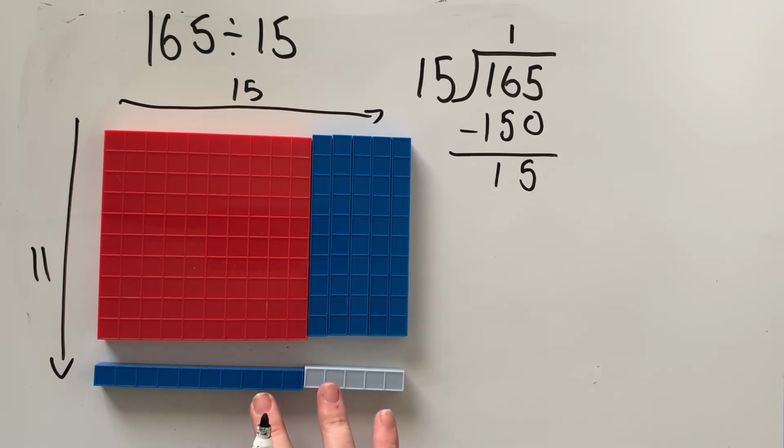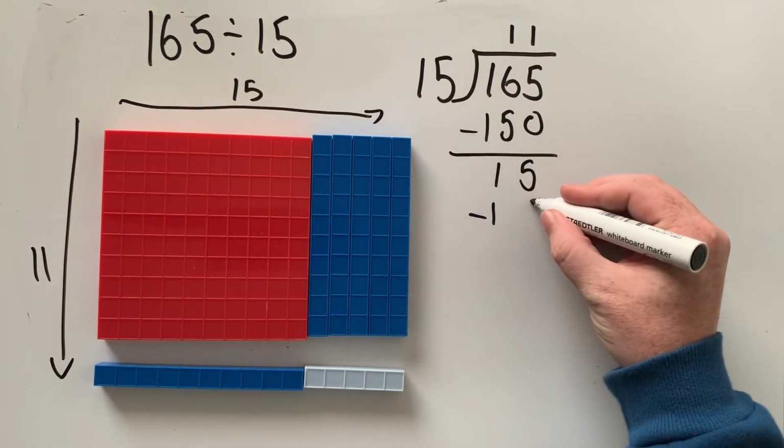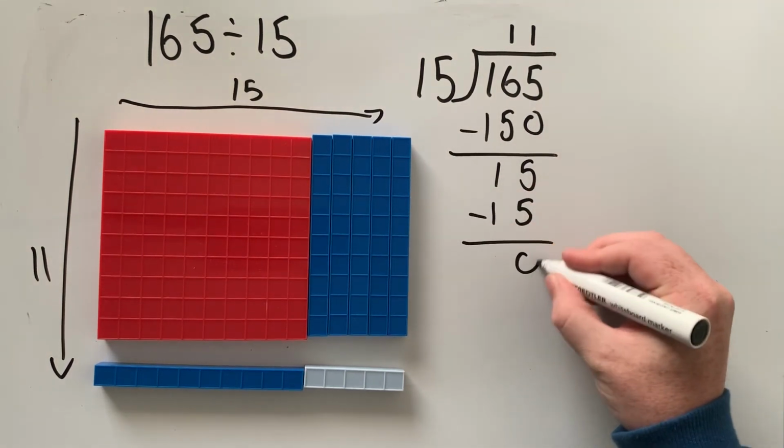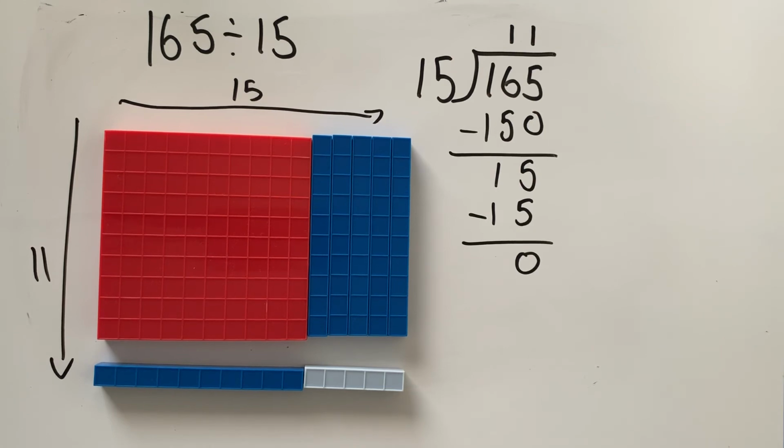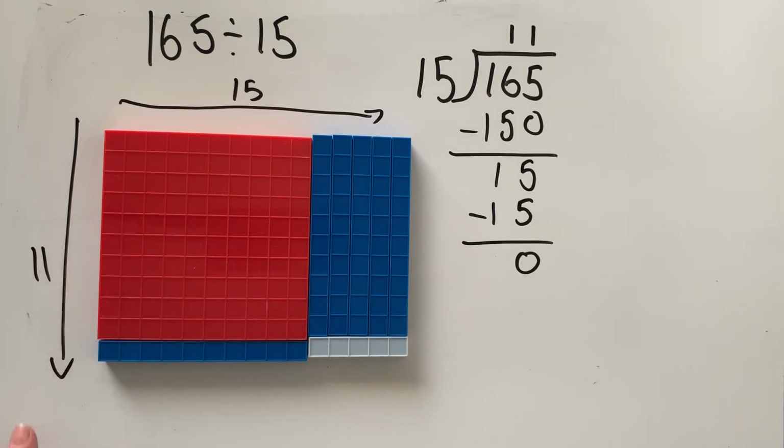And 15 fits into 15 one time, which means it fits in exactly 11 times. So while we talk about multiplication as building up, division is building down. And that is the best way to complement how we do it using the algorithm.